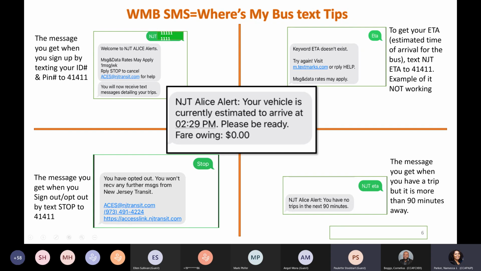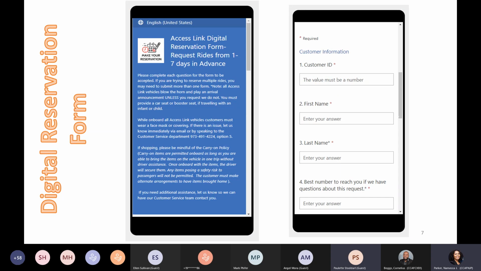All right, so moving on to the next slide. We have here a picture of the new digital reservation form. If anyone's ever filled out an online survey, or logged on to something, or registered for an event online, which most people do as a part of just existing in society, this form is really easy in that sense.